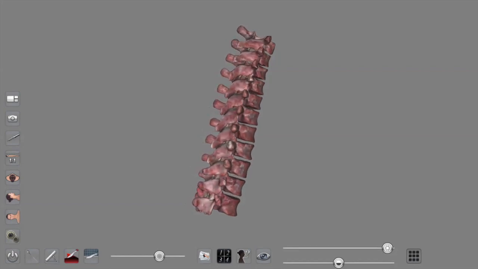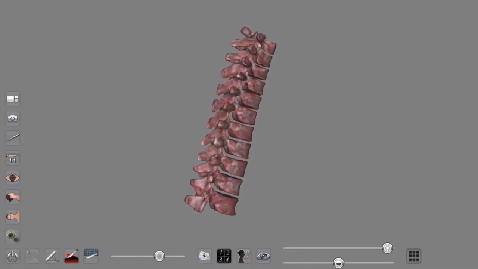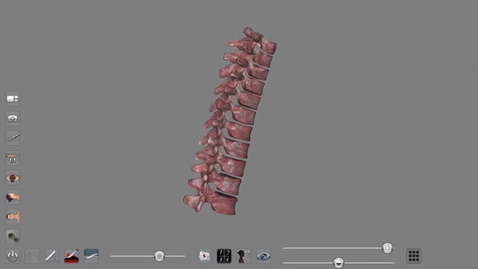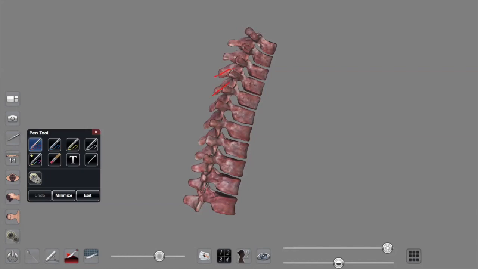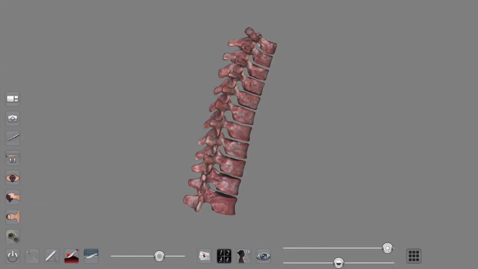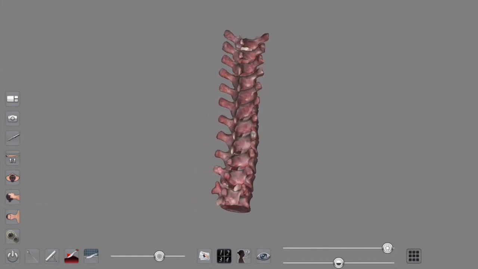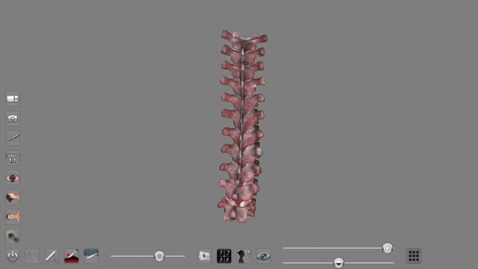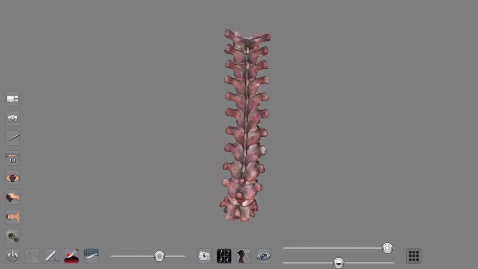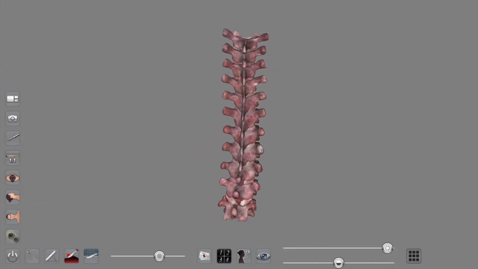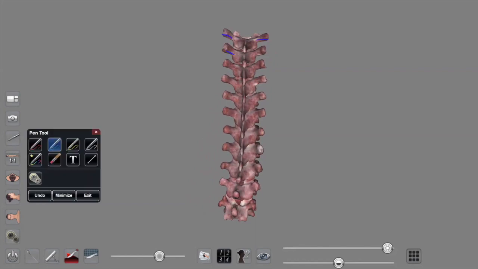Unique characteristics of this functional segment include the long and inferiorly oriented spinous processes, the rather long transverse processes seen here.